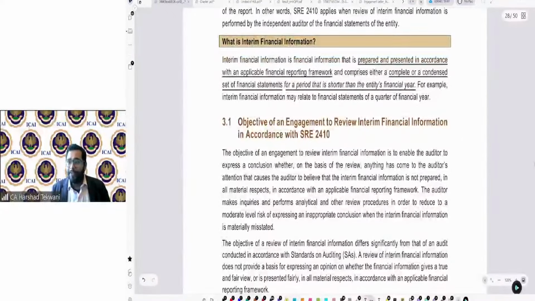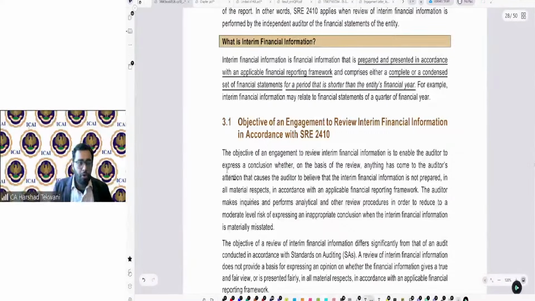Now, the objective of SRE 2410 is pretty much clear. The objective is to conduct a review engagement of interim financial information that enables the auditor, not the practitioner, but the auditor, to express a conclusion.